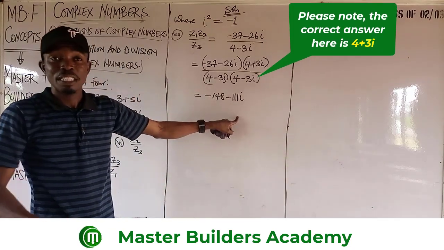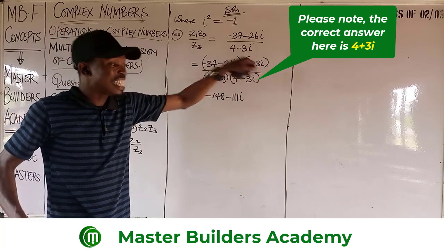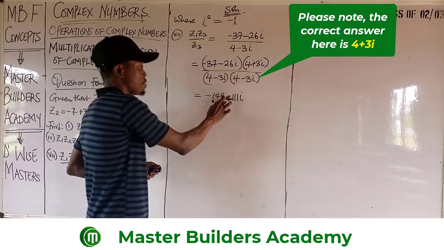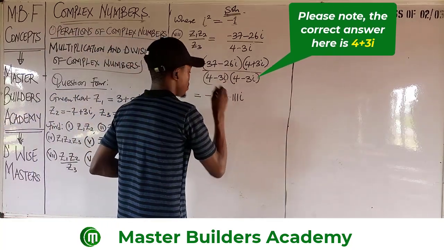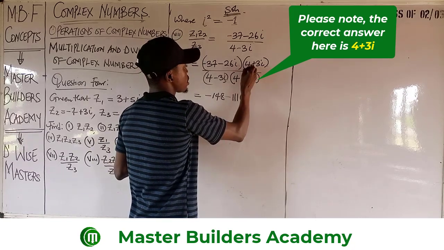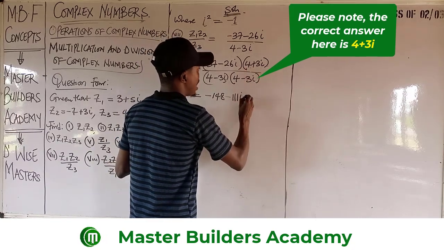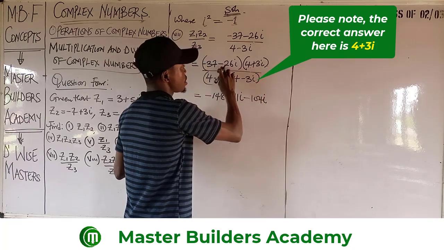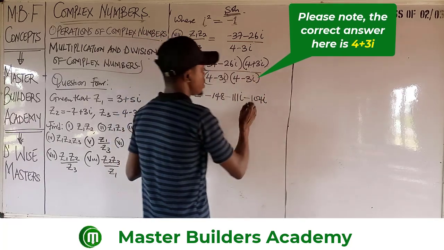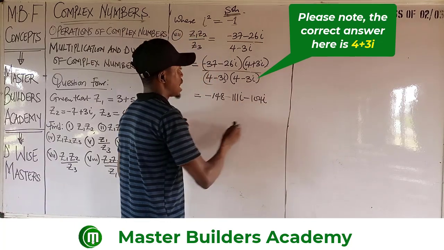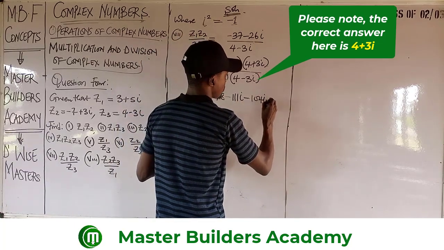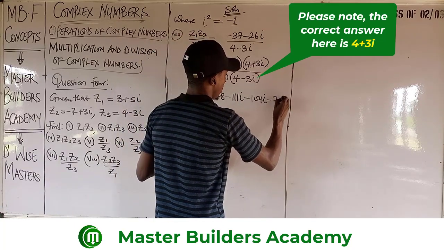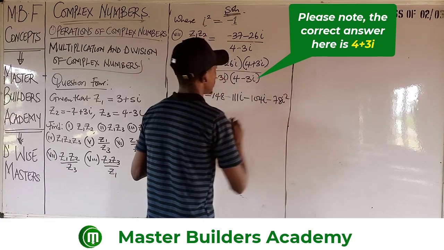We already did the product of this and this earlier, but just a little difference between them, right? So this is minus. And then when we multiply 26 by 4, we have minus 104i. And then 26 multiplied by this, we are having this as 78. Minus 78i squared.